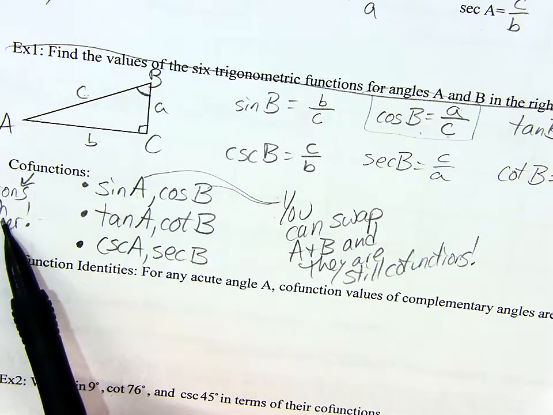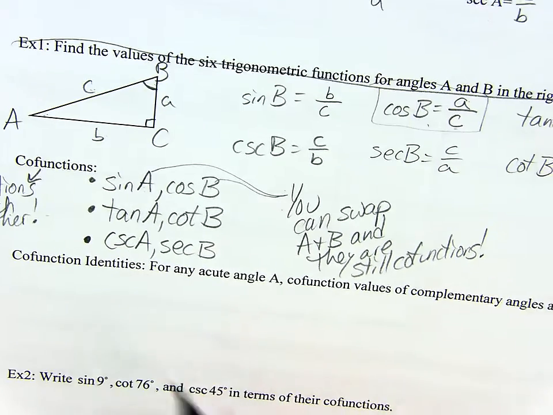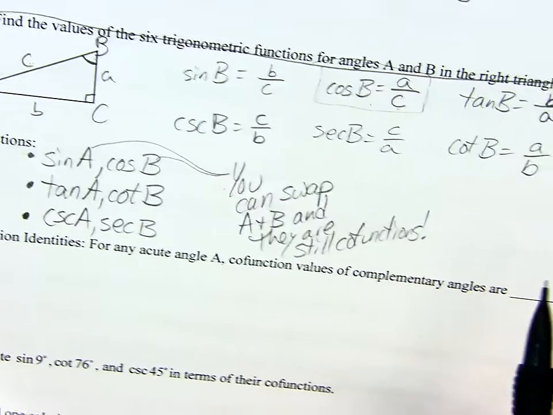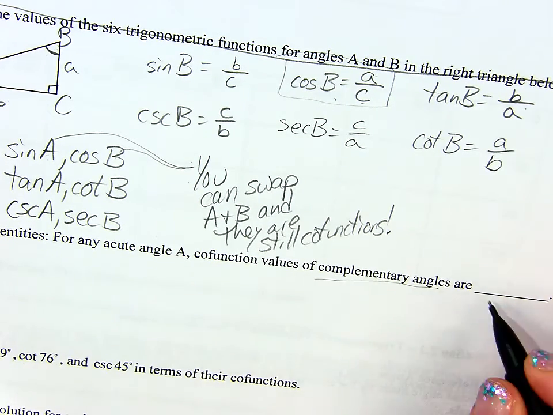Oh, I guess we didn't need to write it there because this little side note says it right here. Cofunction identities: for any acute angle A, cofunction values of complementary angles are equal.